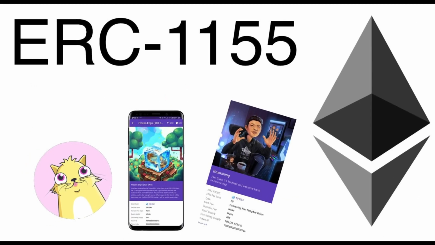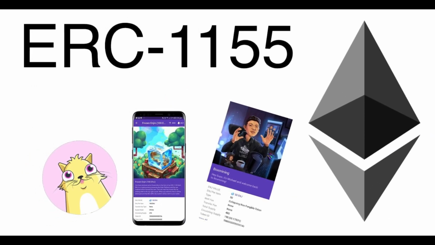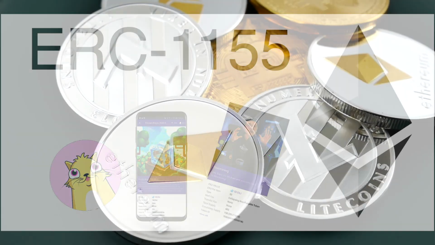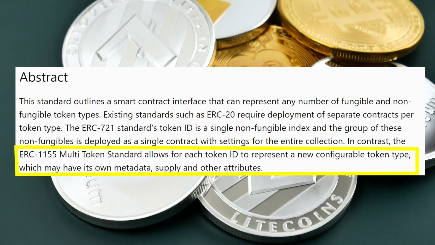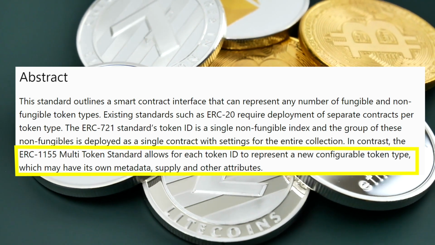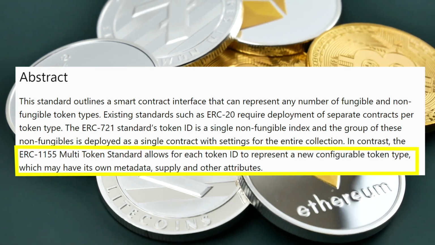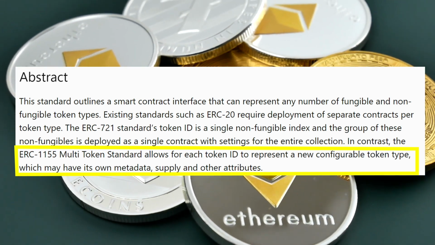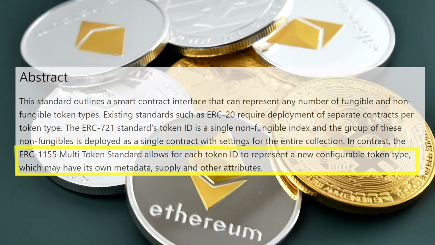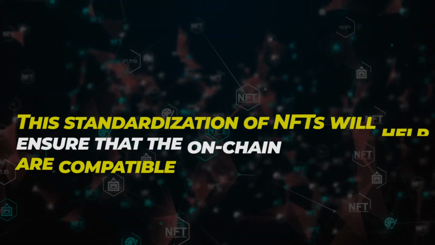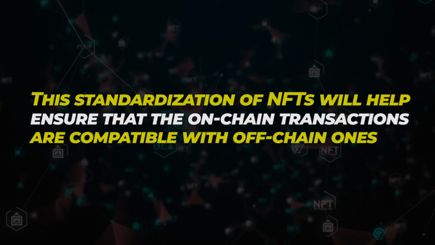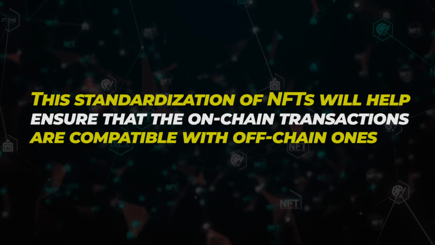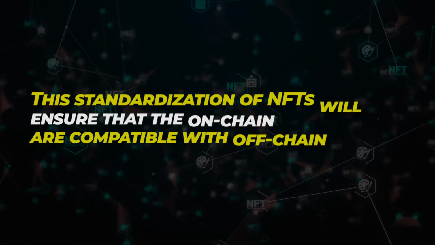The ERC-1155 standard for blockchain off-chain trading means that each token can be configured with its own specifications, supply, and metadata attributes to effectively bring an ecosystem of instant trading and shipping. This standardization of NFTs will help ensure that the on-chain transactions are compatible with off-chain ones.